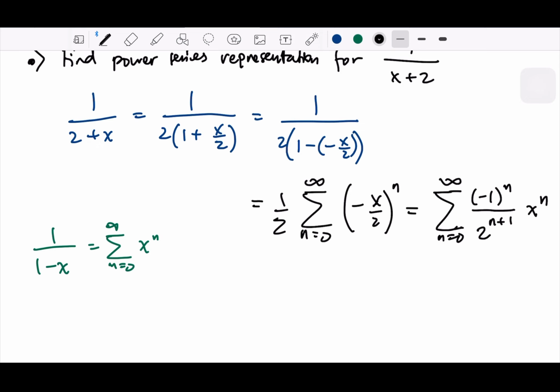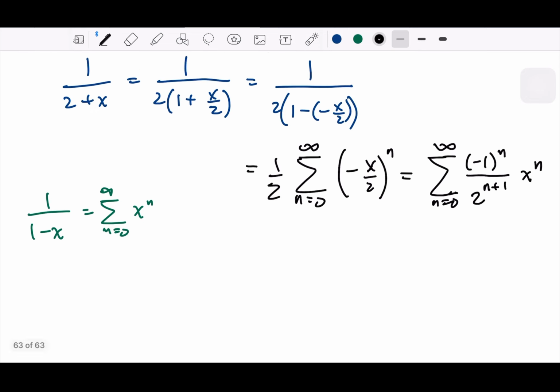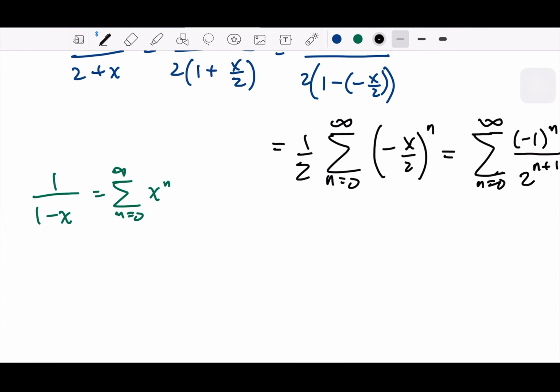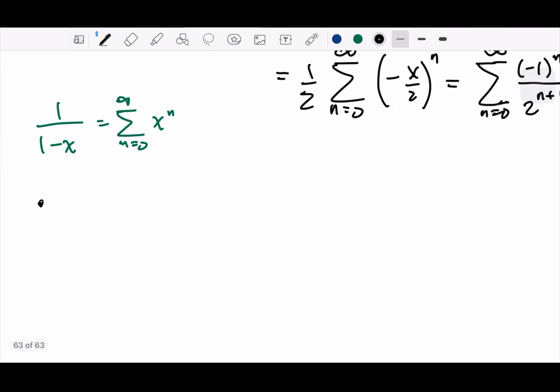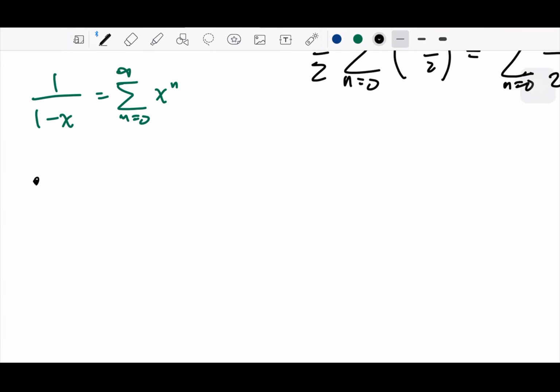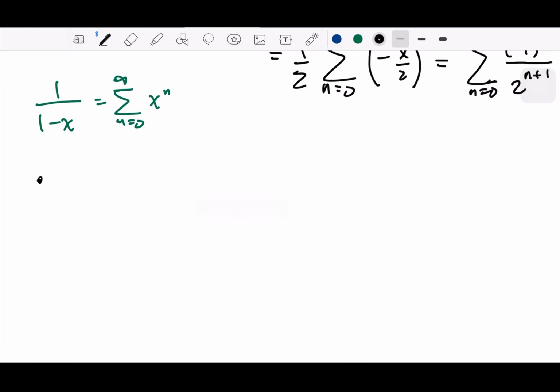Maybe to give a fresh idea, I will give more examples on how we can have the representations. Okay. So if we have x cubed over x plus 2, we want to have this as a representation of power series.